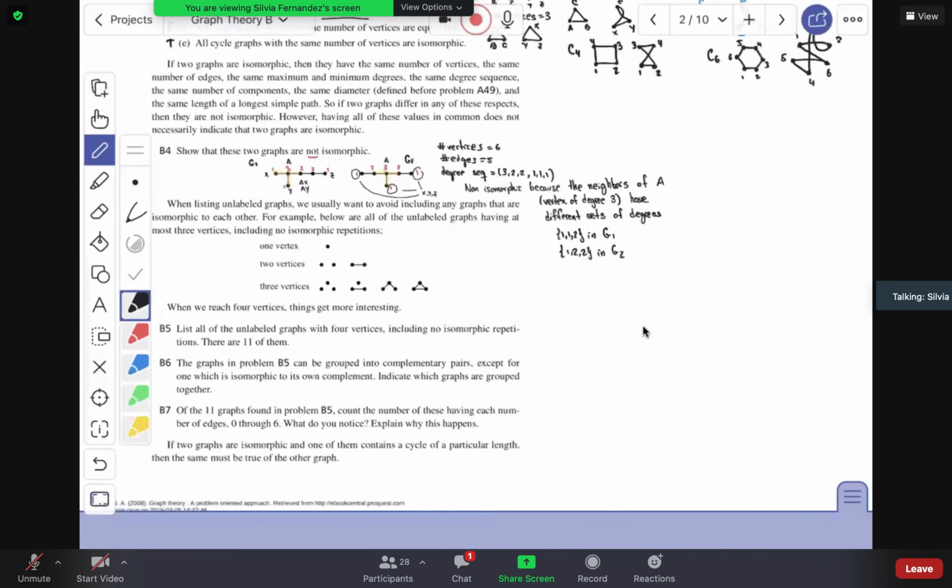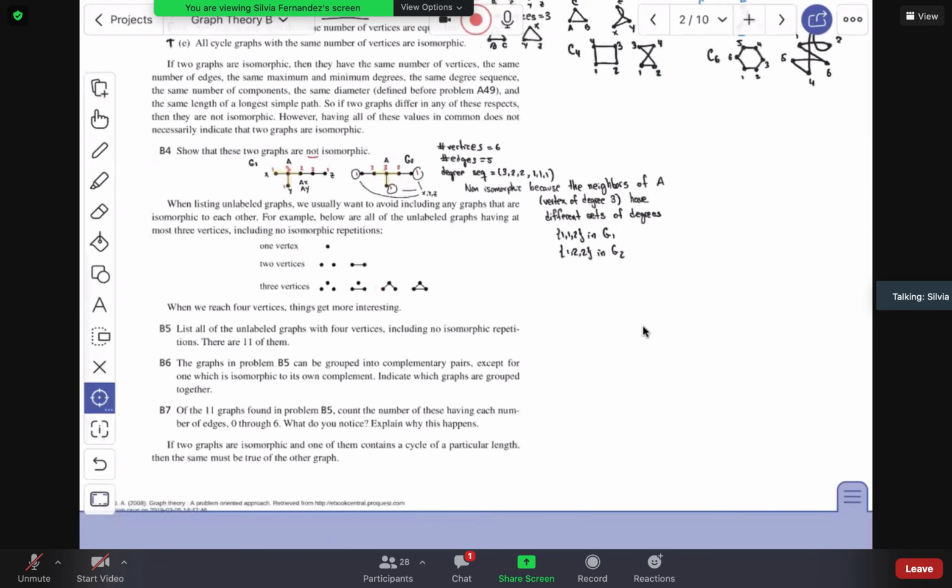Showing that two graphs are not isomorphic is, in general, harder, so we're learning things we can say. If they are isomorphic, they satisfy everything the same: same number of vertices, same number of edges, same degree sequence, same number of connected components, same complements, same everything, because they're essentially the same graph.